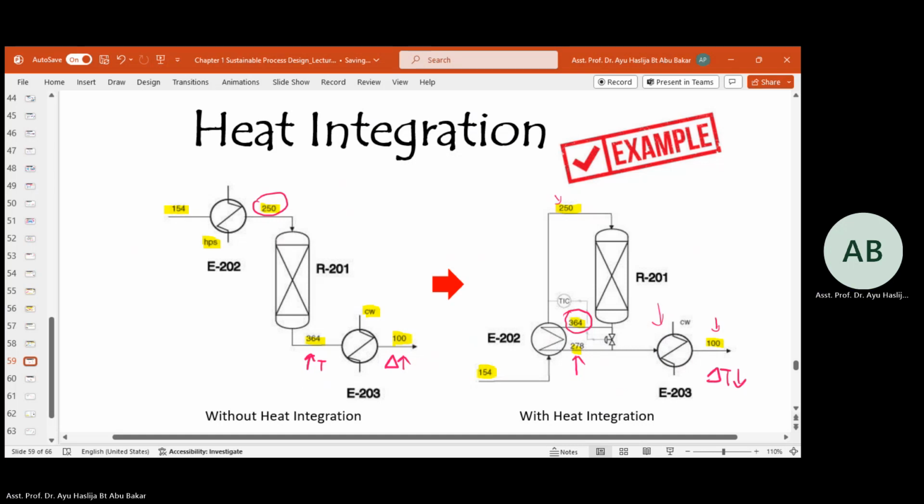Comparing without and with, you still need two heat exchangers. E-201 and E-203 still exist with heat integration. But the heat supply will perhaps reduce compared to without heat integration.